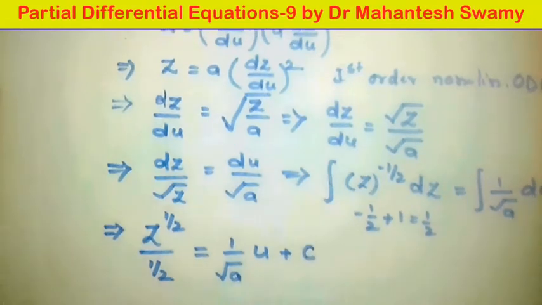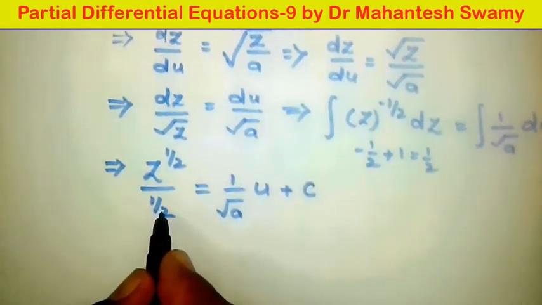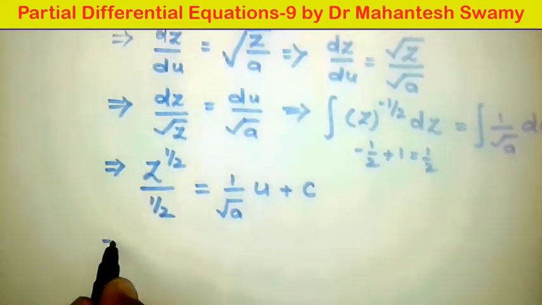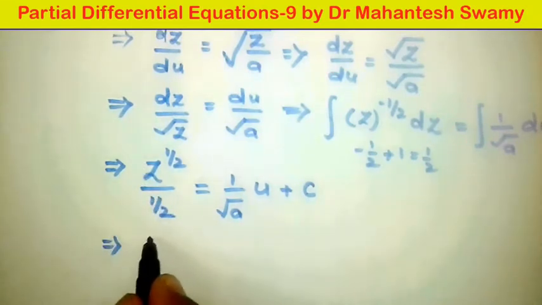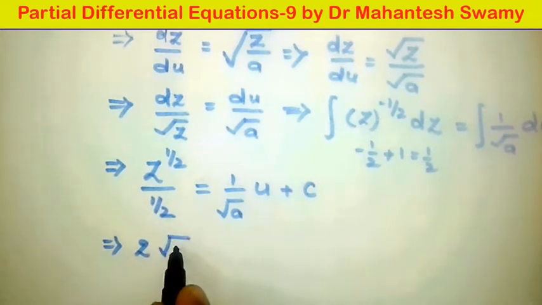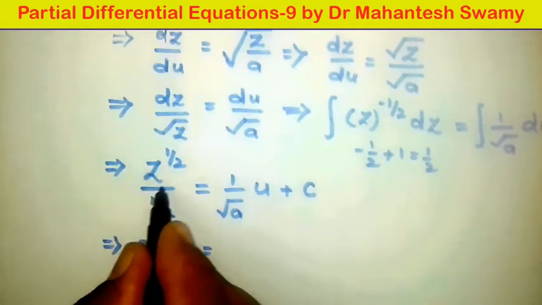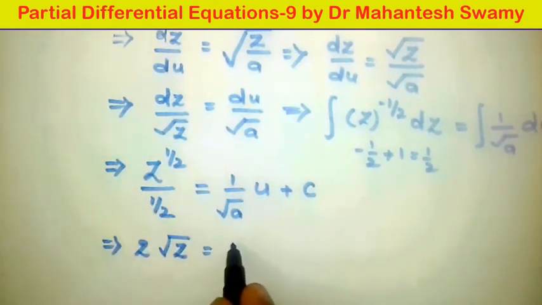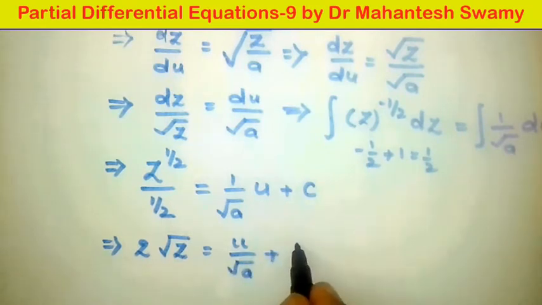Now this 2 comes to the numerator, so 2 into z to the power half, or 2 root z, equals u by root a plus c.